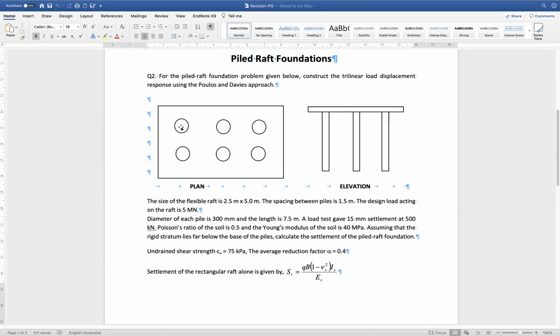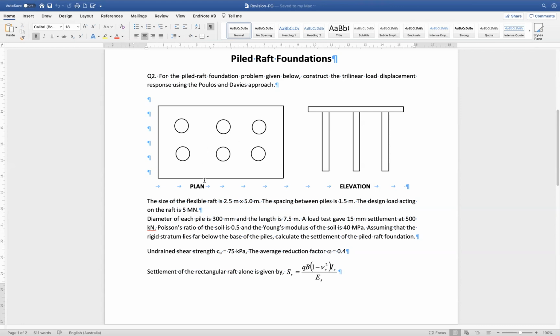We're going to have piles that we can give the symbol A. That will be the side piles, this one and this one and this one and this one. And we have the piles within the center, we can give them the symbol B. So this one will be B and this one will be B. And then we can find what's the settlement on each of these piles.